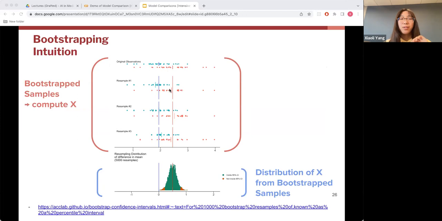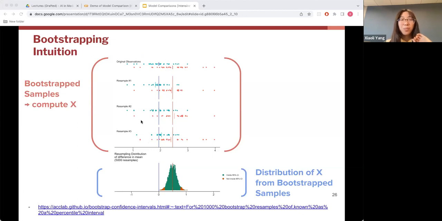Bootstrapping assumes that this resample is representative of the original observations. Since the original observations are representative of the true population, this resample is hopefully also representative of the true population. And similarly for resample number 2 and resample number 3.